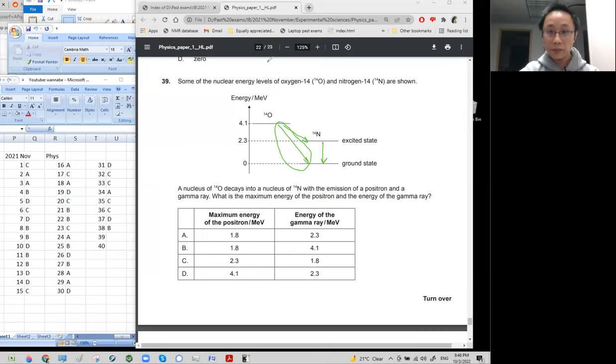I think the answer should just be D. Of course, it's also possible for the oxygen to decay to the... But did they mention the decay to only the excited state?